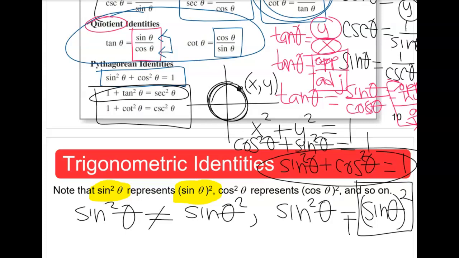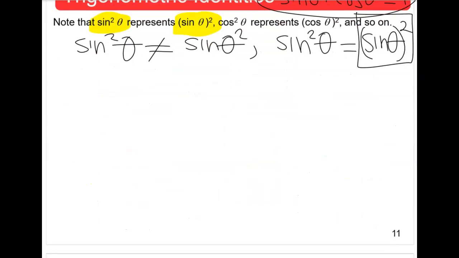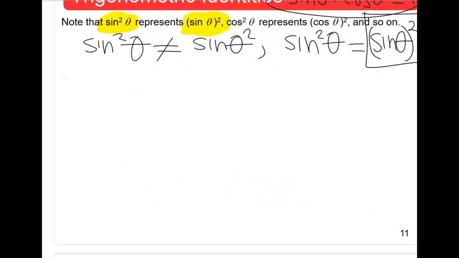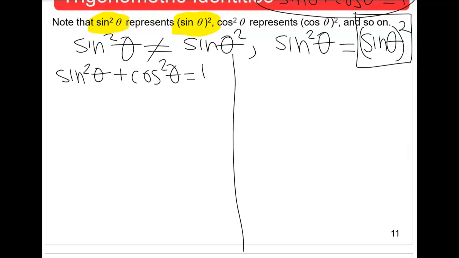So what we're going to do is we're going to start with the Pythagorean identity, the main one. I call it the lifesaver. So it will be sine squared theta plus cosine squared theta equals 1. And let's write it twice, actually.